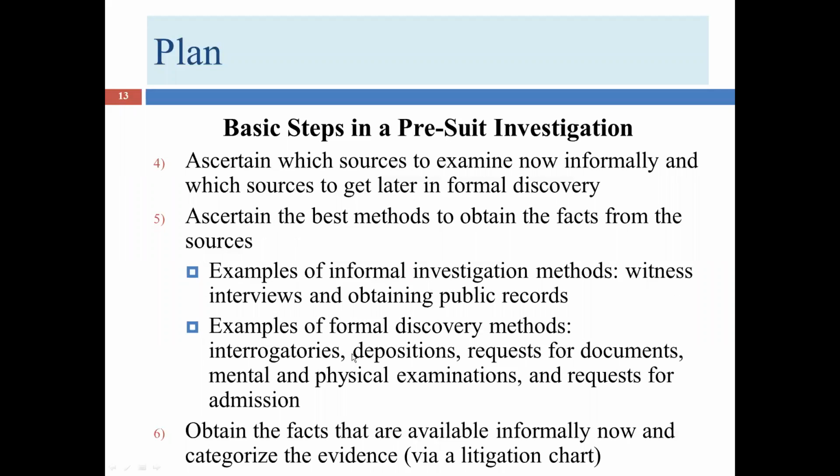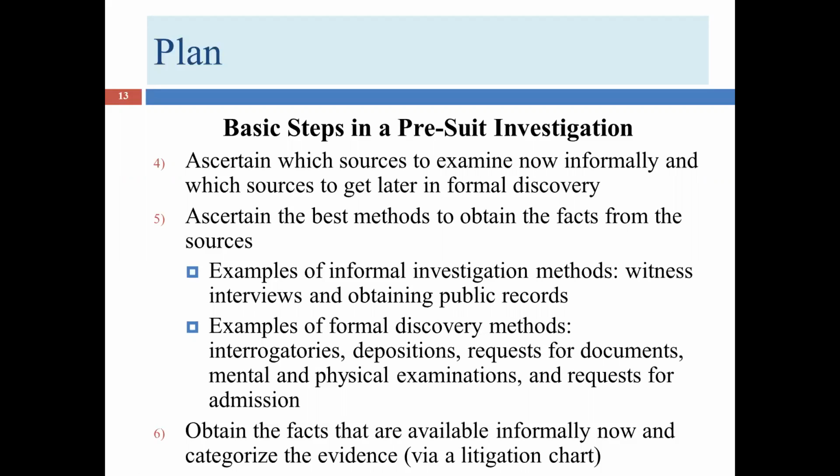We also want to ascertain which sources to examine now, before the actual lawsuit begins. We would call this the informal stage, and which facts we'll want to take care of during the discovery process. Generally, informal discovery is better because it's less expensive and it's going to be closer in time to the actual event, so in many respects it's going to be more reliable.